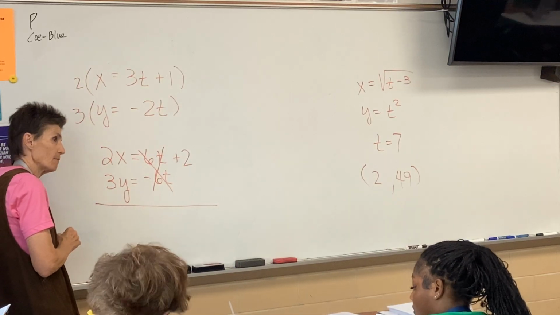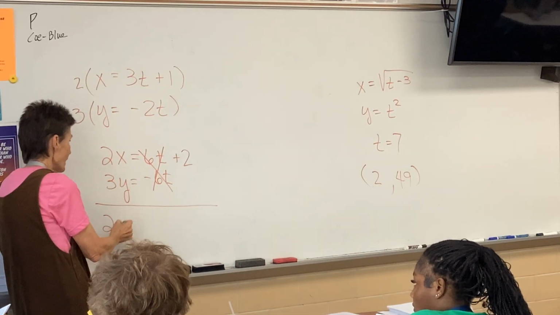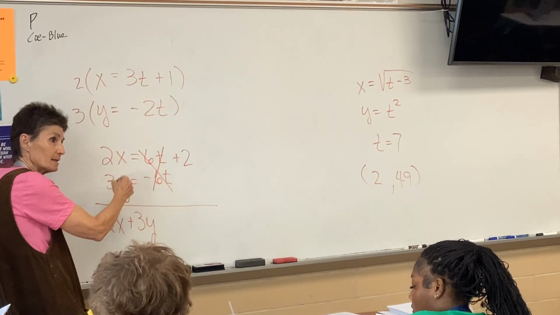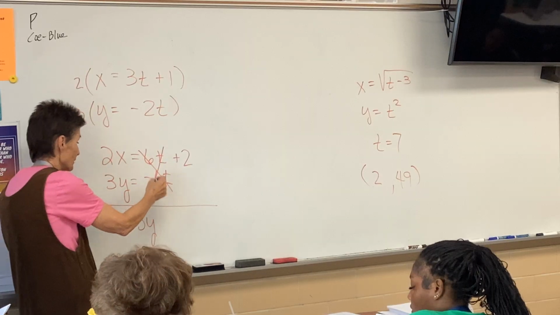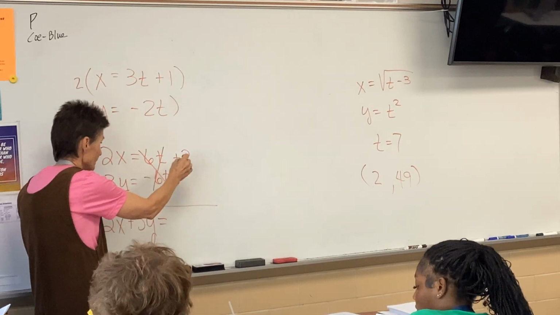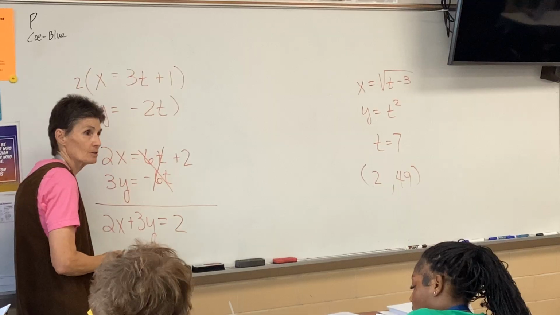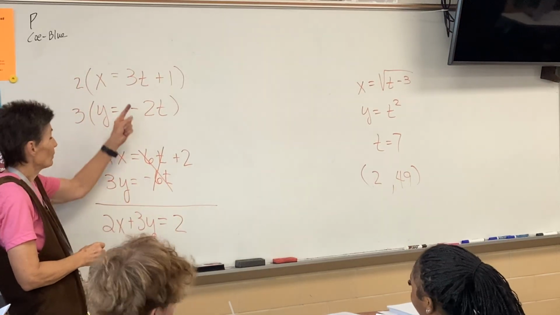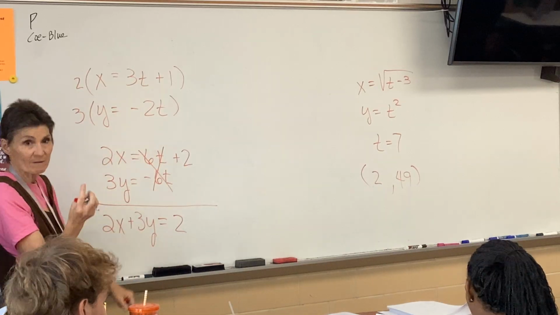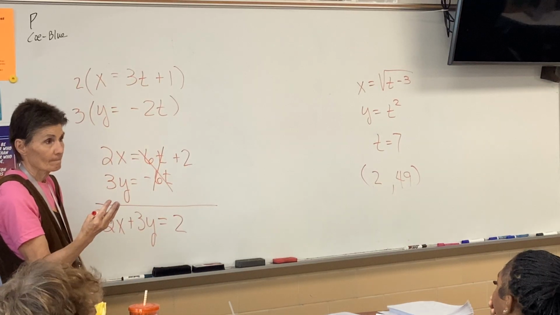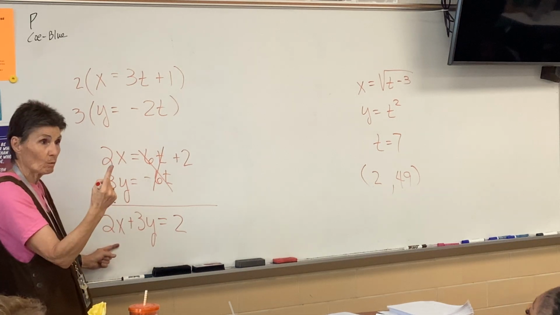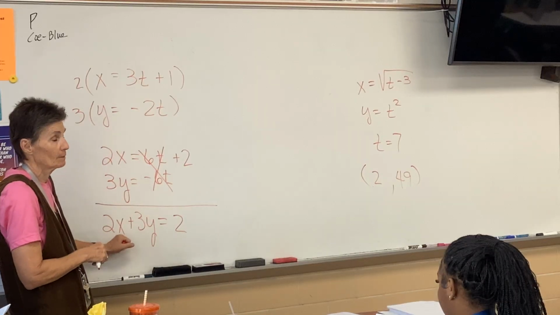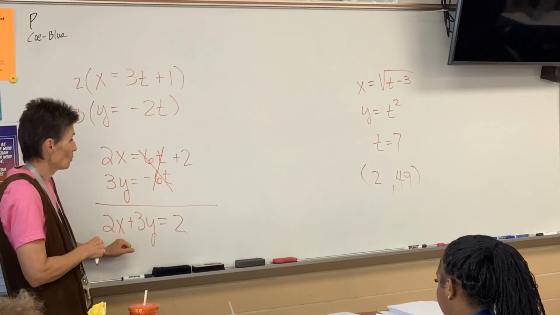And what is left? 2x plus 3y, I'm adding, equals, those are gone, and all I have over here is 2. So I started out with 2 equations and 3 variables, and I ended up with 1 equation and 2 variables, x and y, a direct algebraic relationship. 1 equation with x and y.